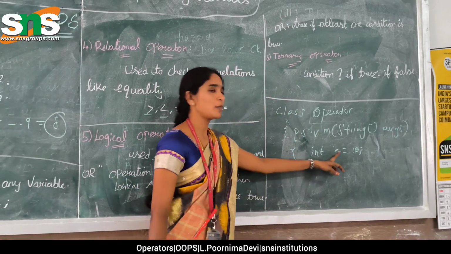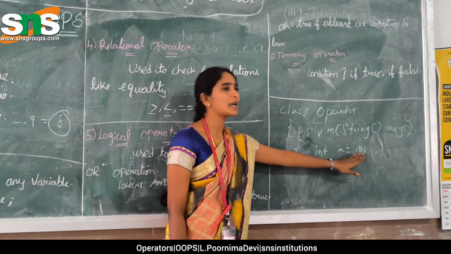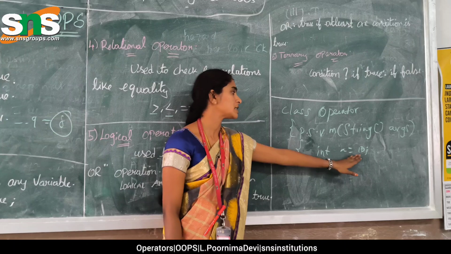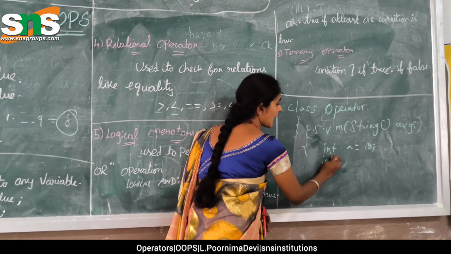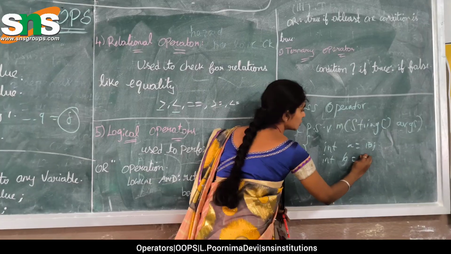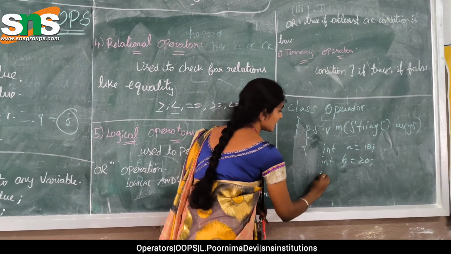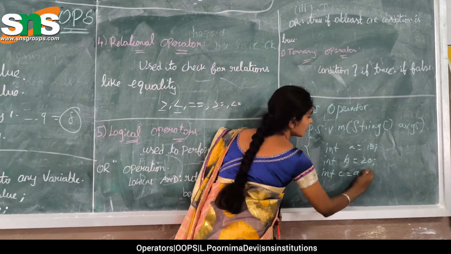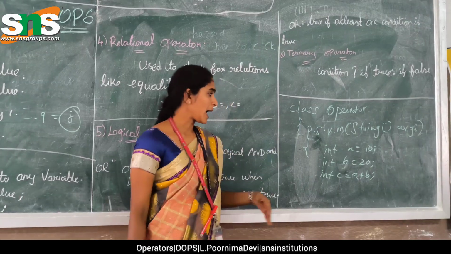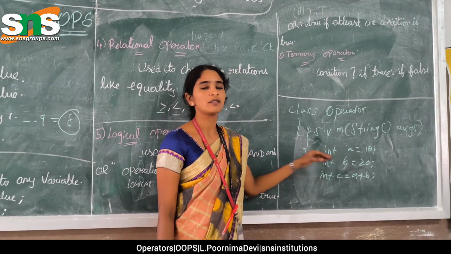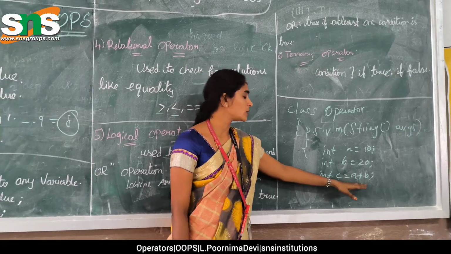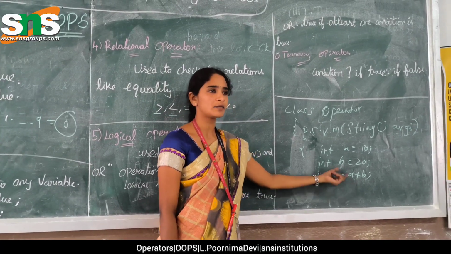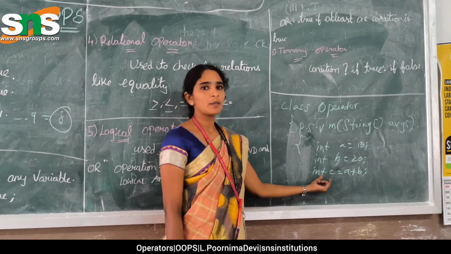This is the variable name, the data type, and the value for the variable, which is called initialization. I also include int b equal to 20, and then int c equal to a plus b. I add the two values, the variables a and b, and the result is stored in the variable c.